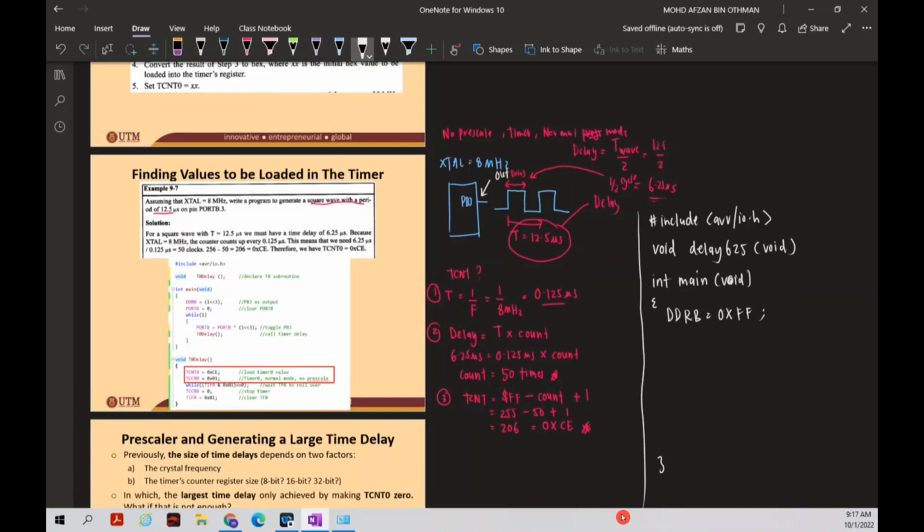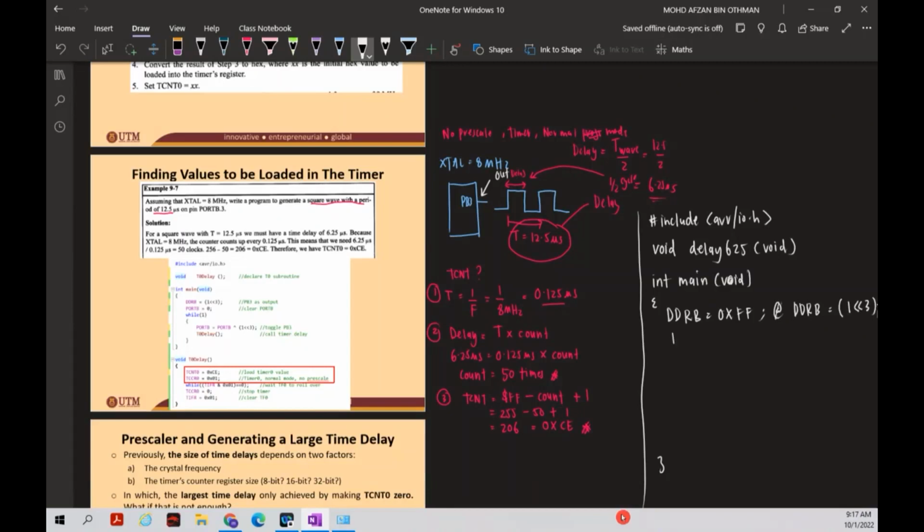Or, if you don't want to make the whole port B an output port, only PB3, you can change to DDRB equal to 1 shifted to the left by 3 bits, which means PB3 is an output port, while the rest of the bits are input ports.